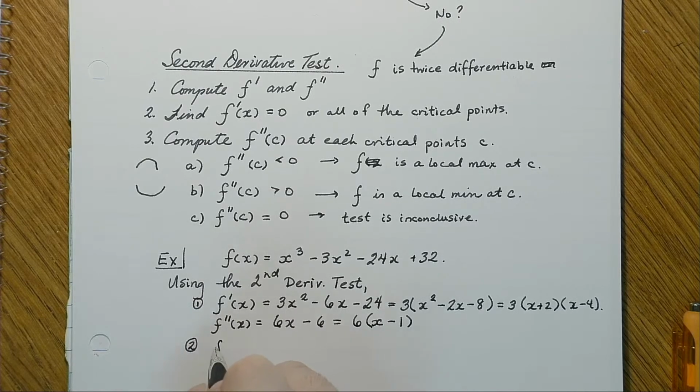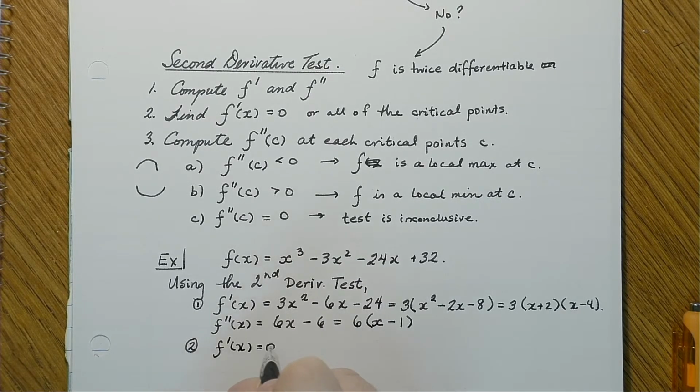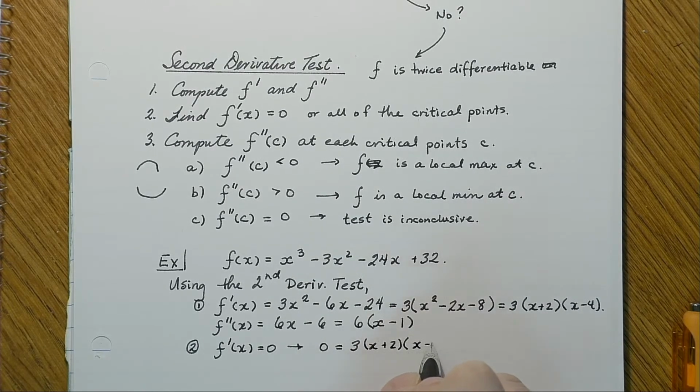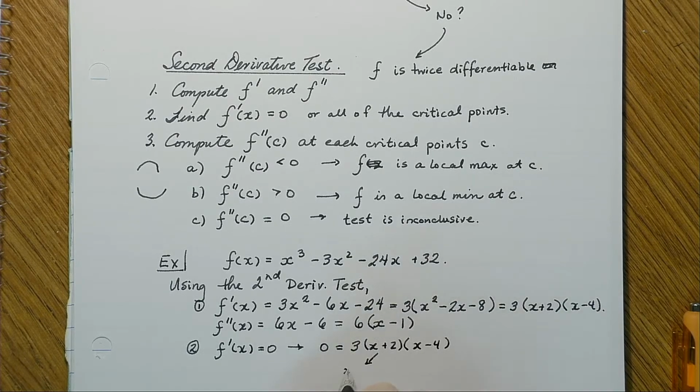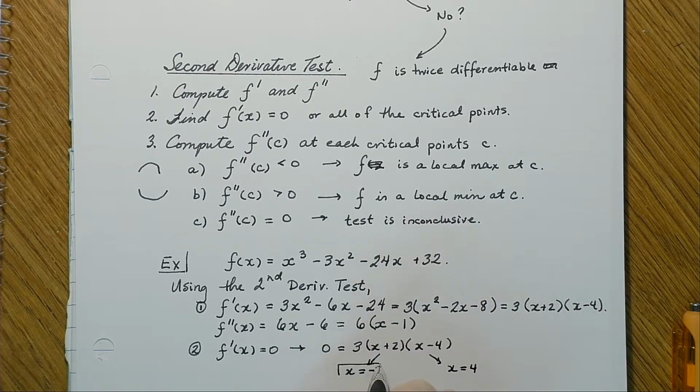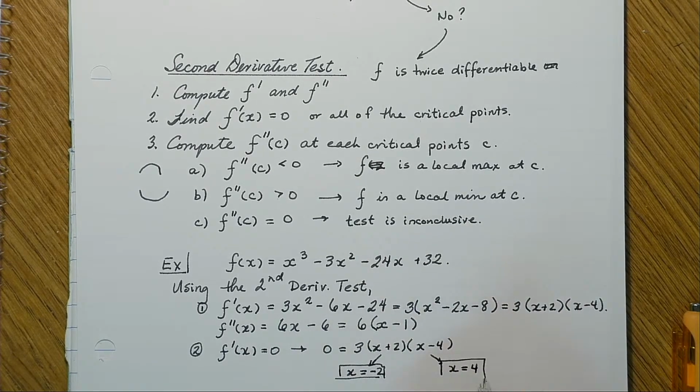And so when I set that derivative equal to 0, I get x equals minus 2, and I get x equals 4. I don't have an interval that I'm looking at the moment, so both of them are in for the moment.